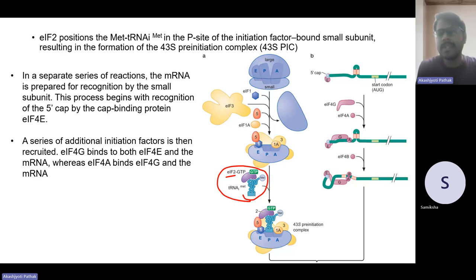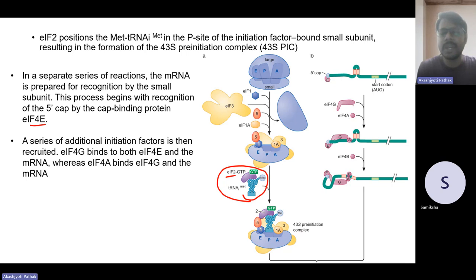And then, as I was mentioning, here in eukaryotes the initiation step is different from that in prokaryotes. Why? Because this ribosome is first attached to the initiator tRNA, and following this, the mRNA is recruited. For the recruitment of mRNA to this ternary complex, you require other initiator proteins. These are EIF4, 4E, 4G, 4A, 4B.